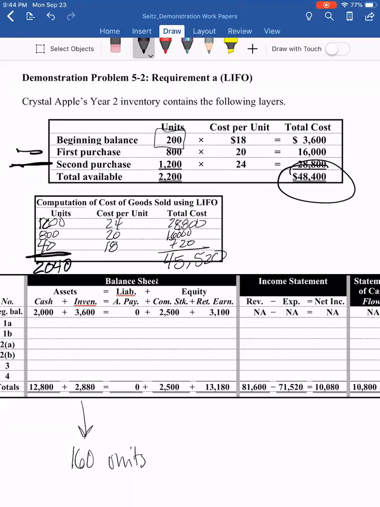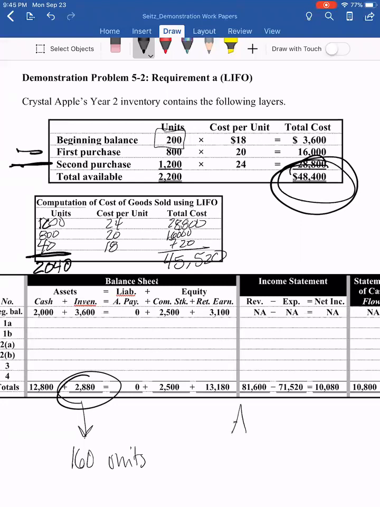And so that means then out of the total amount, the cost available for sale, 48,400, less the cost of goods sold of 45,520, my ending inventory, which is what I have calculated down here, should be 2,880.